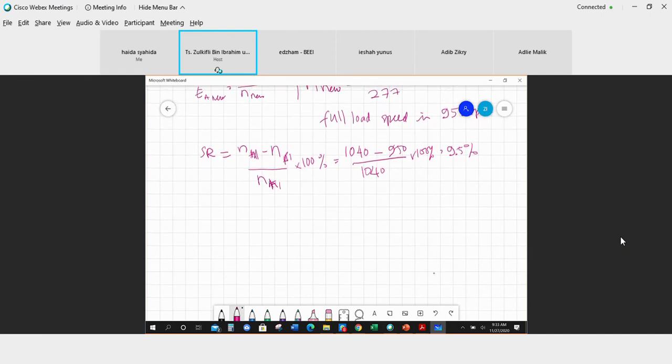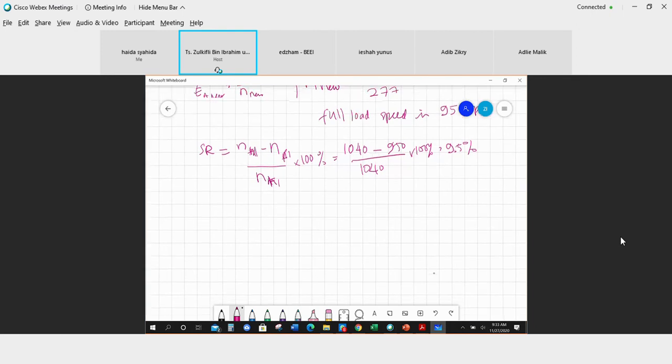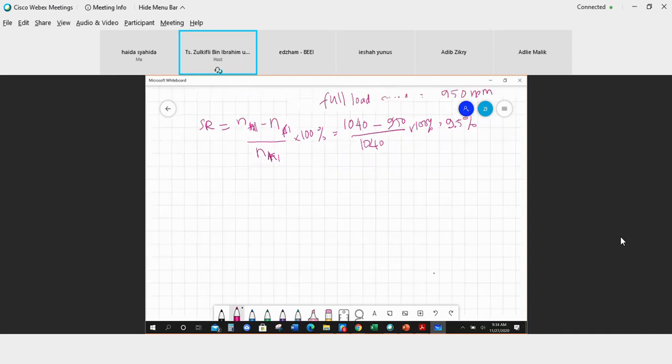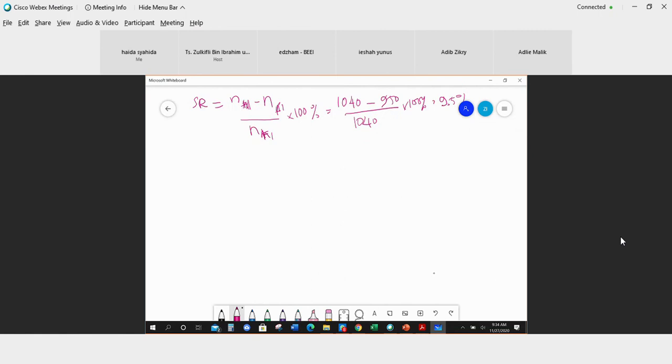The machine is running at full load, then we change the adjustable resistance. When we increase it to 250 ohm, we reduce the field current IF.